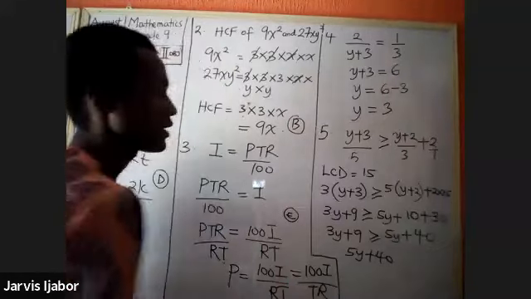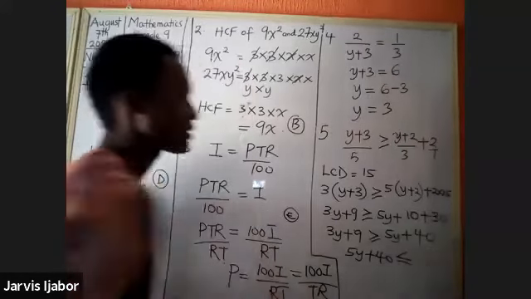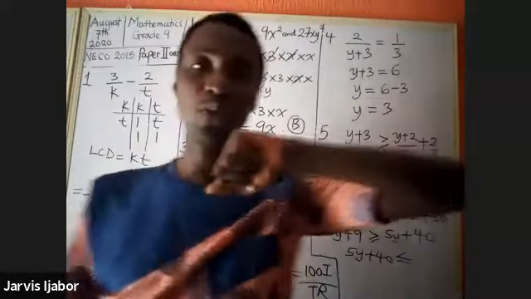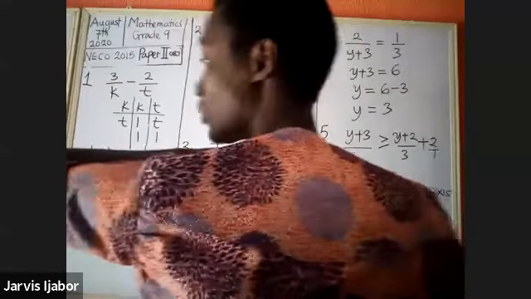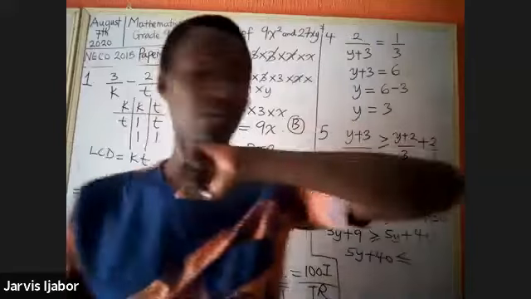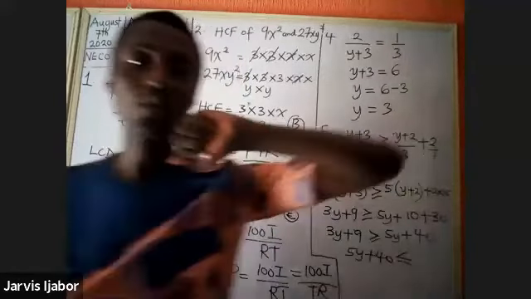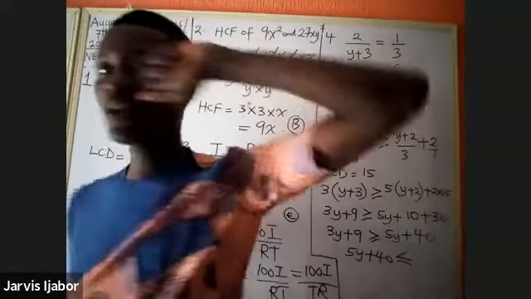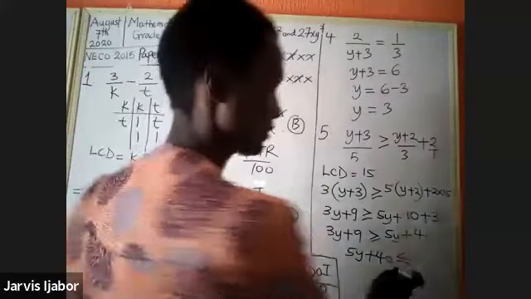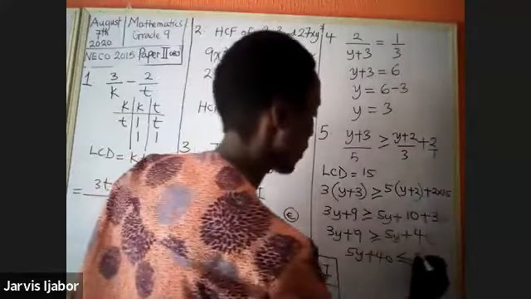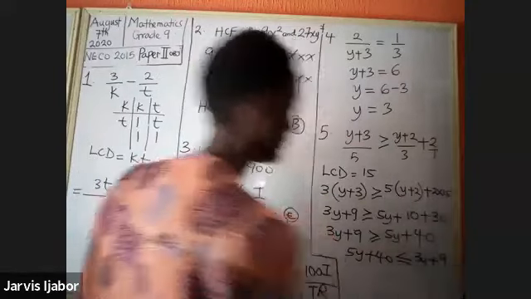Now notice it becomes this. Look at this. If I were facing this way before and I turn like this, please look at the sign. It was like this, and I turn like this. What happens? It will become like this. So take note of that. So that will be 3y plus 9.